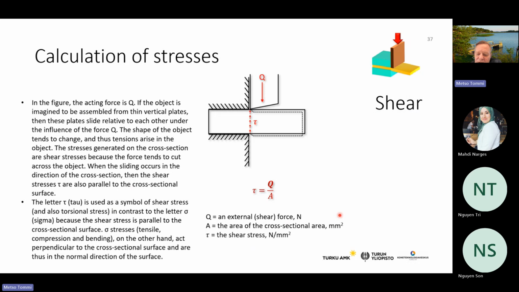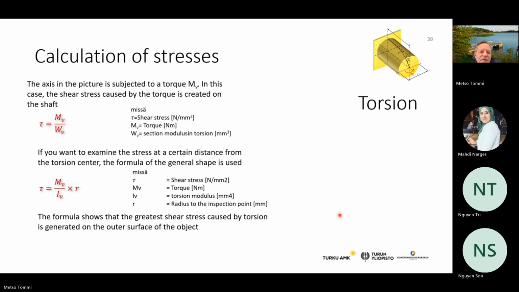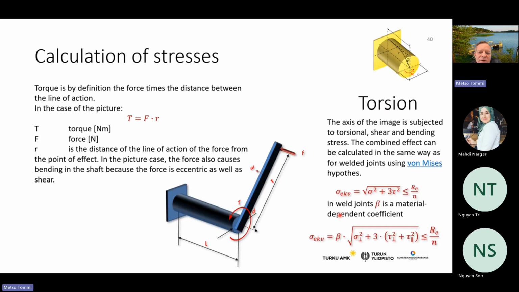Shear stress calculation. And torsion also is shear stress calculation. Here is also an example of how to calculate.